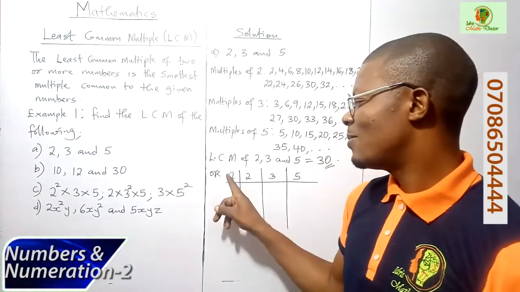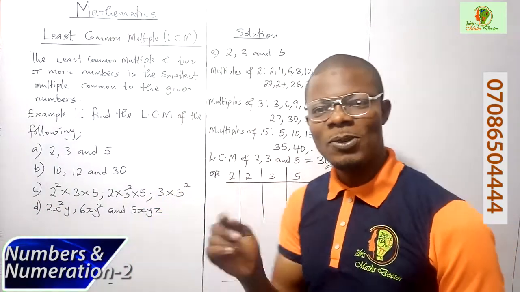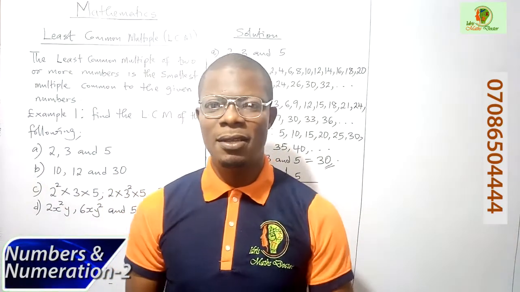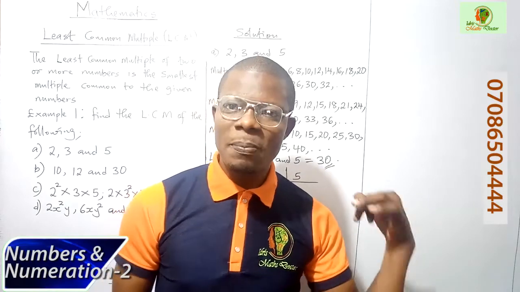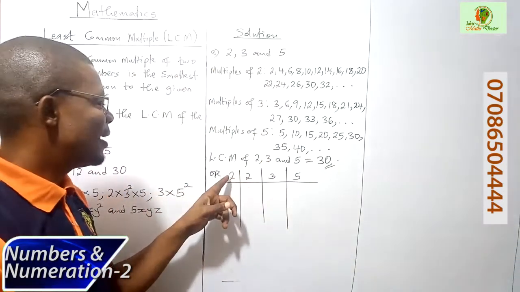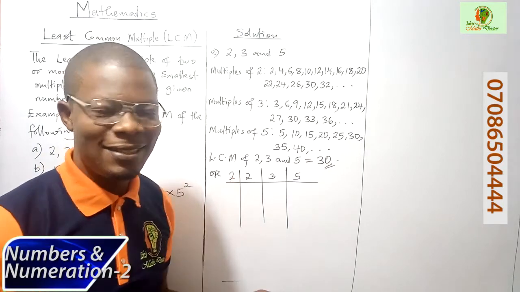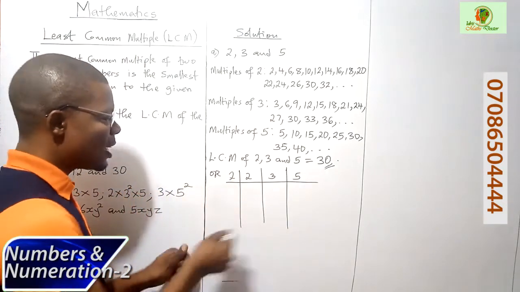The numbers you write here must be prime numbers. I've discussed prime numbers earlier. You don't write, let's say, 4 or 6 or 8 here. No, prime numbers. So 2 can go.